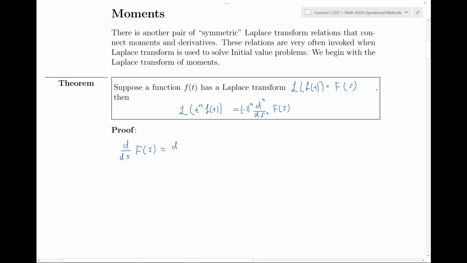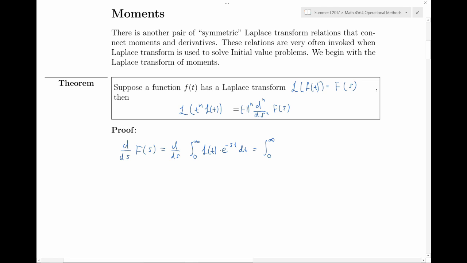Well, that means we're taking a derivative of the Laplace transform integral. Well, integrals allow us to perform the integration inside of it, so we can switch the order of integration and differentiation in this case.